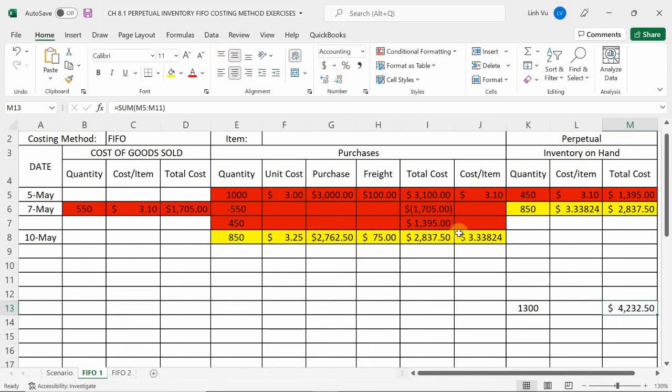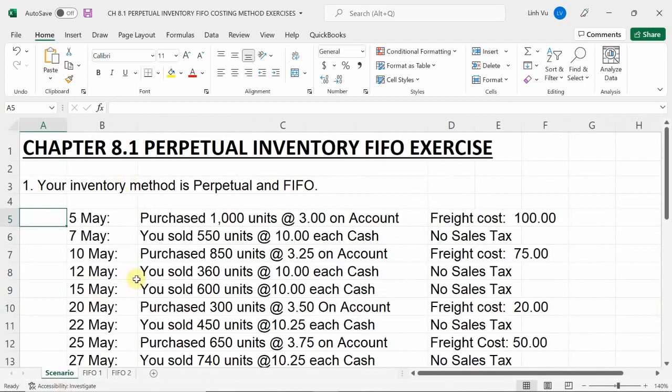You don't necessarily need to have this, but it's good to have, especially when you reach the end of the inventory accounting period, because then you can match your numbers to see if your physical count has the same amount. I'm doing it now so I don't have to do it at the end. I just purchased 850 units, and I have 1,300 available to sell.